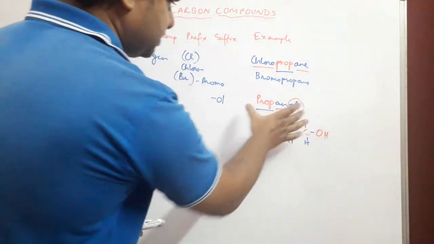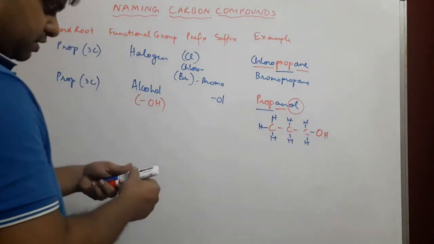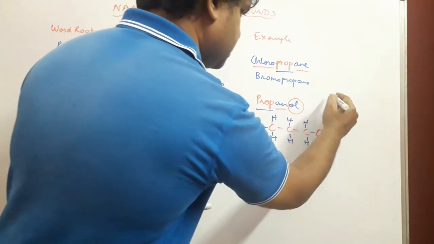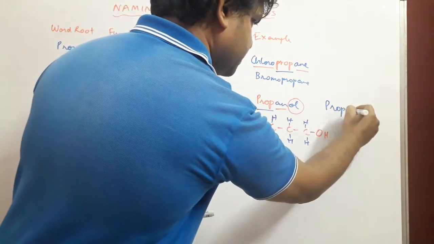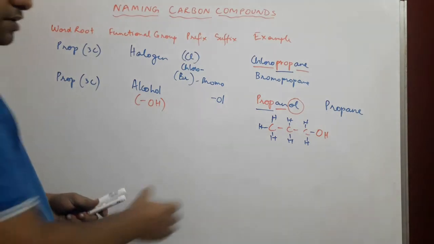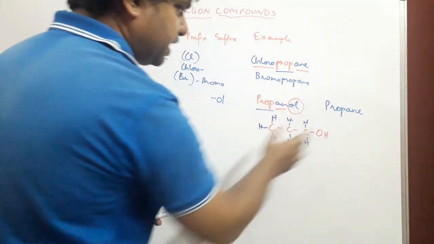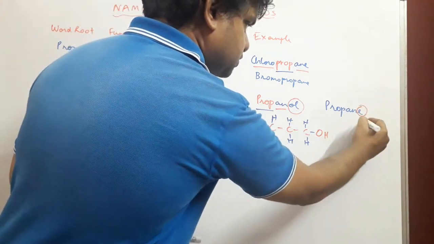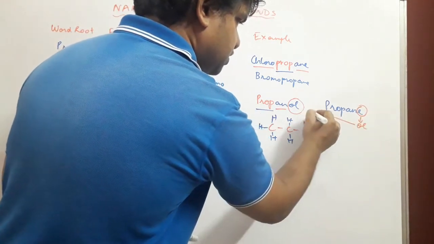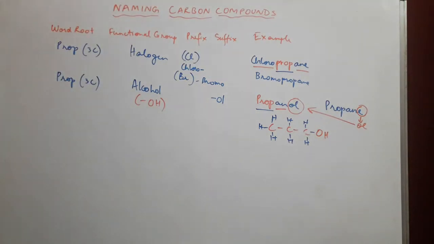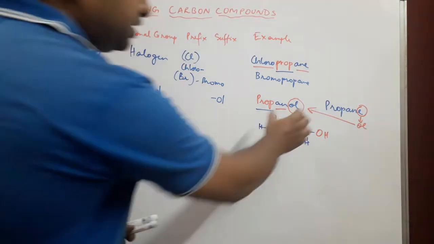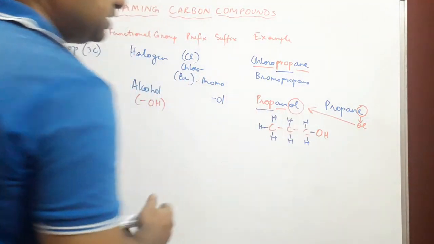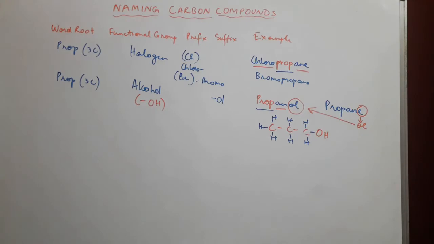In case of the suffixes, this was actually propane. Compare this word with this word, and you will see that the E is replaced with OL in this compound. So suffixes usually replace the E at the end, like how we see in propanol.